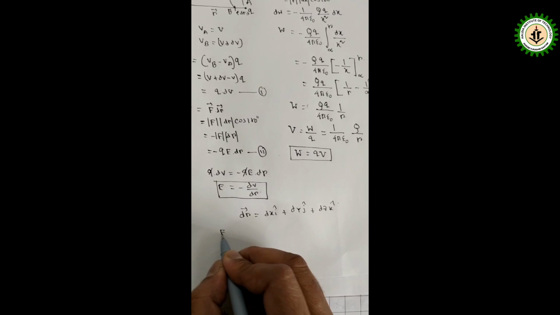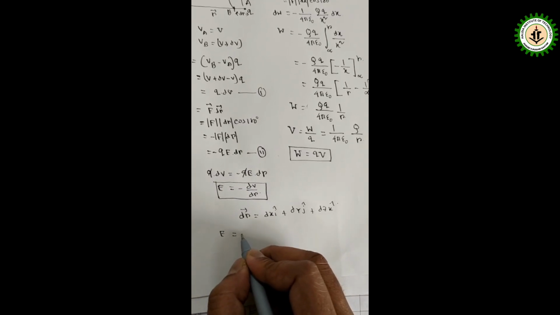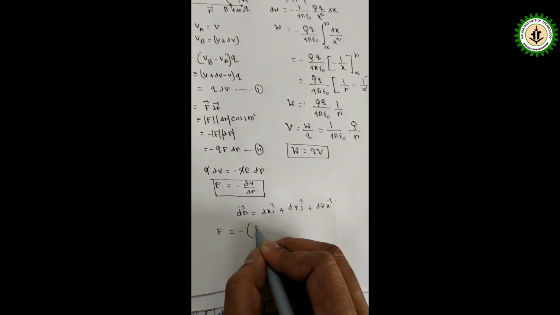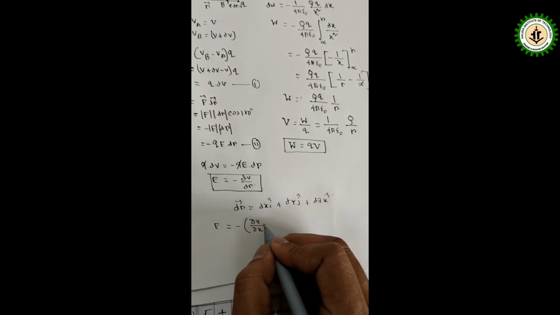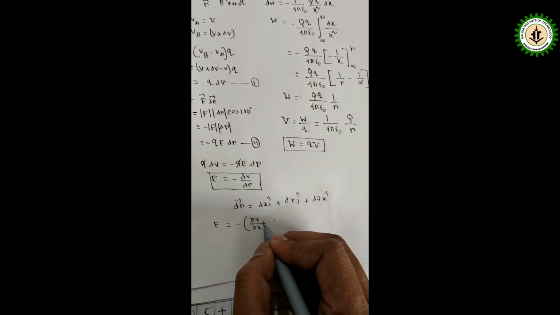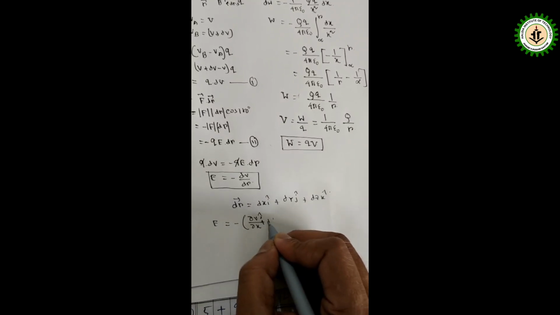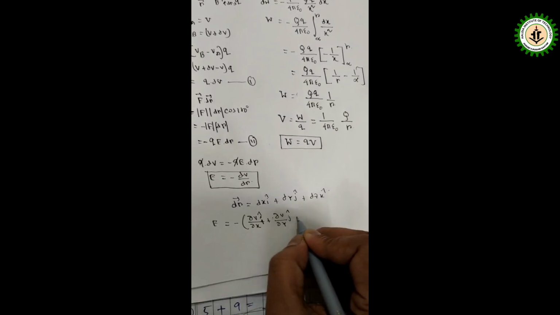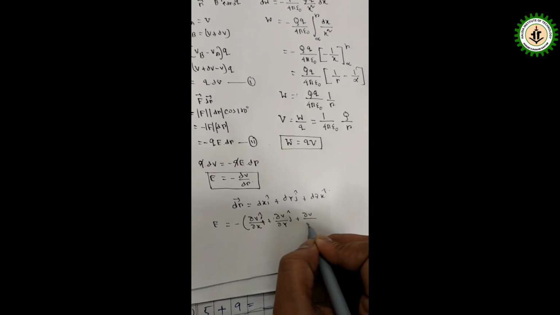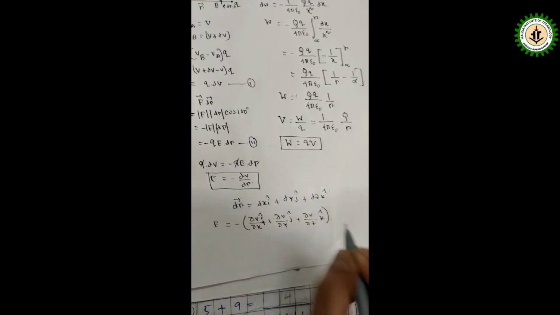So I can write electric field E in Cartesian coordinate system as minus del V by del x along i plus del V by del y along j plus del V by del z along k.